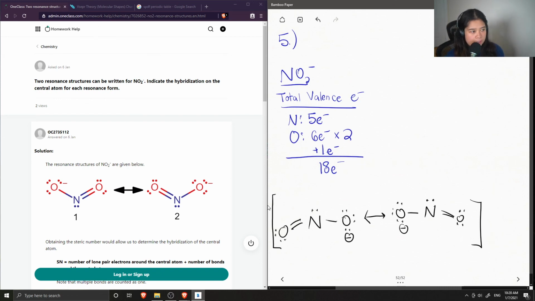So now we need to indicate the hybridization on the central atom for each resonance form. So the central atom is the same, so we just need to do this once. But if we look at nitrogen, you'll notice that it contains 1 lone pair, and it only has 2 bonded atoms.